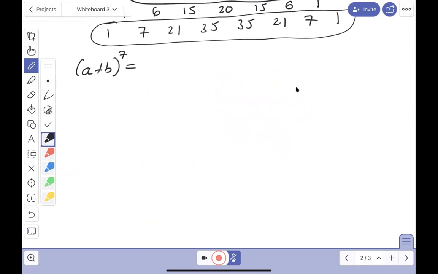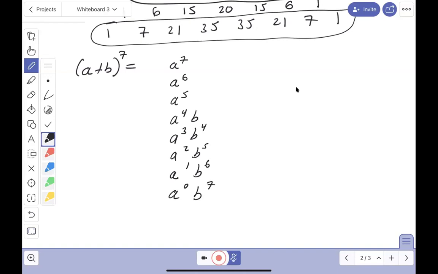When I write them down, it might look strange to you, but I'll put A7, A6, A5, A4, A3, A2, A1, A none, and B7, B6, B5, B4, B3, B2, B1, B none.